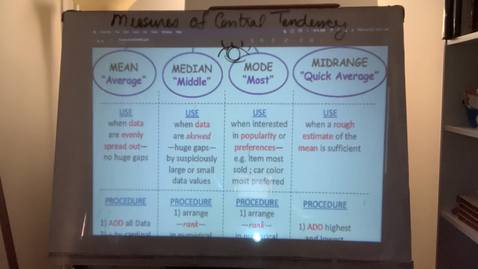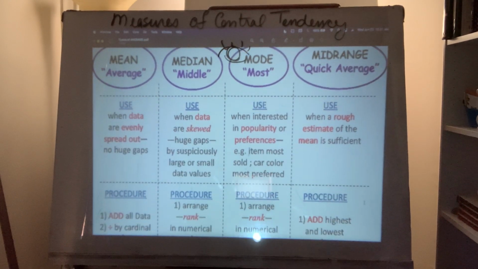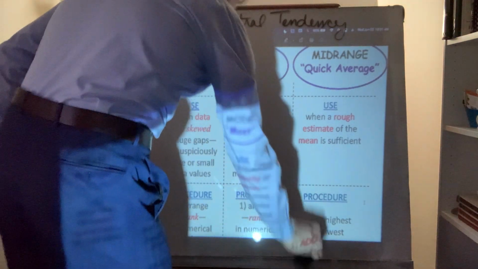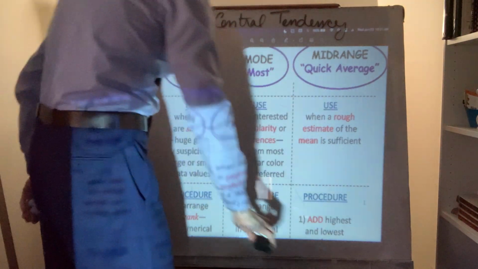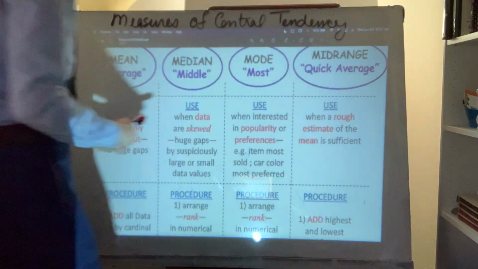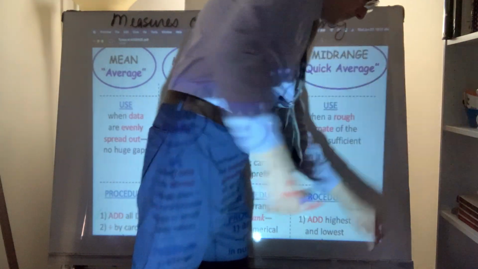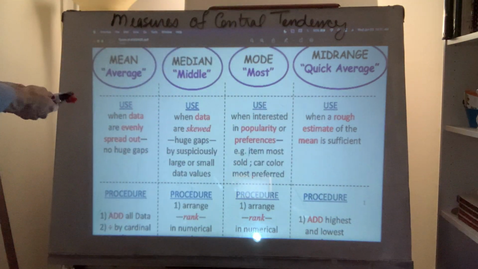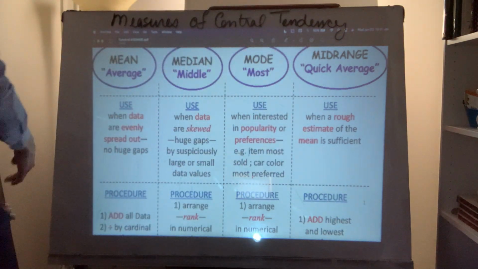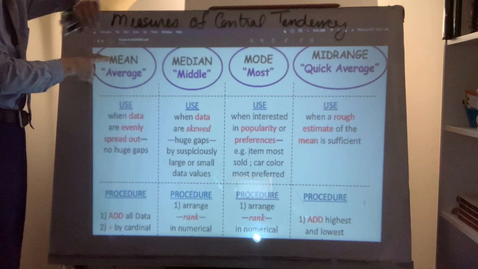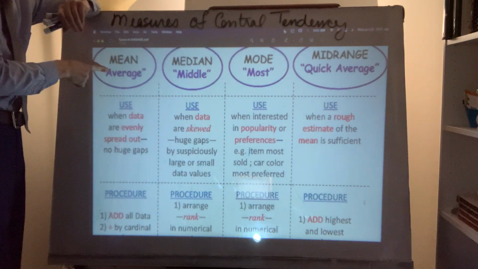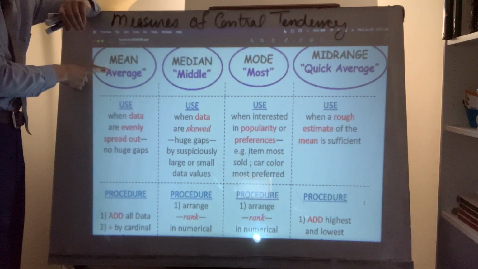Now, when would it be appropriate to use these? Oh, let me start by saying this. If you want to help remember them, my suggestion is this. When you think the mean, think the actual average. All right, I think most people intuitively do that already anyway.